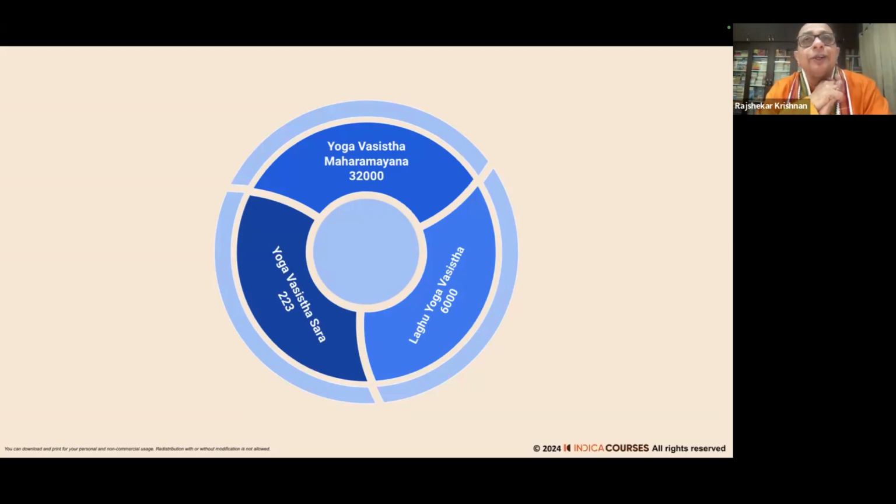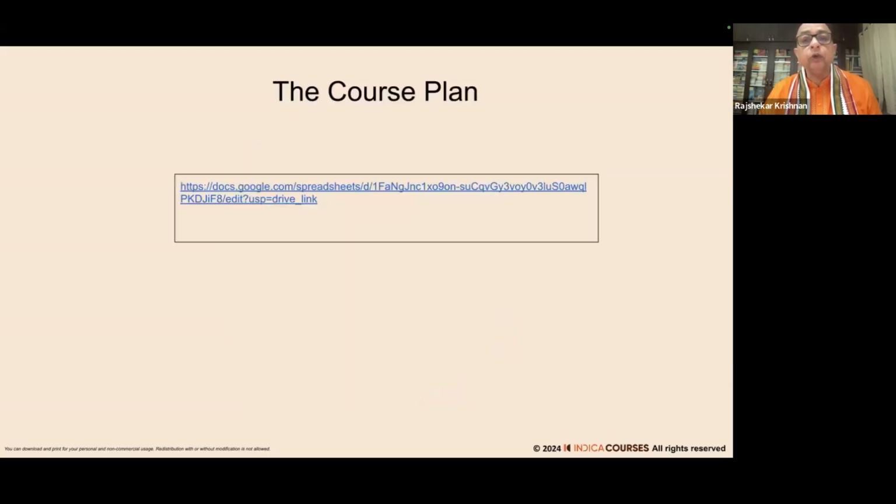Of course, there is no element that exists at a 223 level, but you could take this to be the Yoga Vasishta element, the key essence of the Yoga Vasishta, and therefore of great importance. We are looking at the key, stronger, deeper elements of the entire Yoga Vasishta Maharamayana.